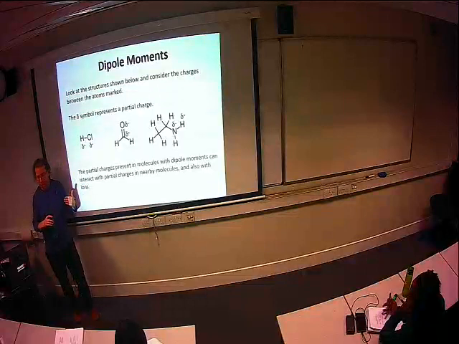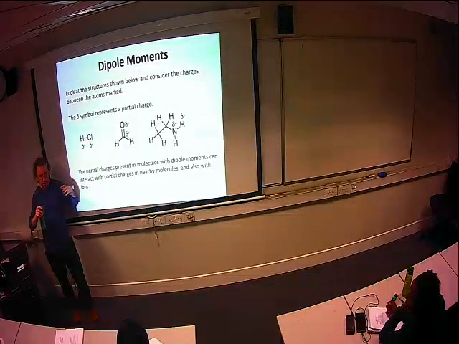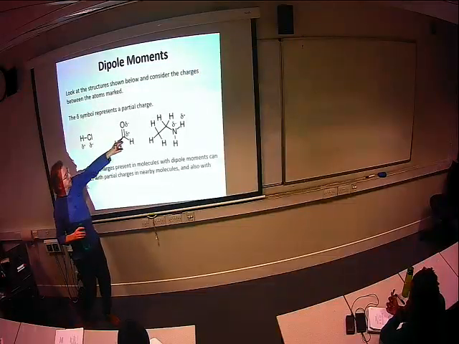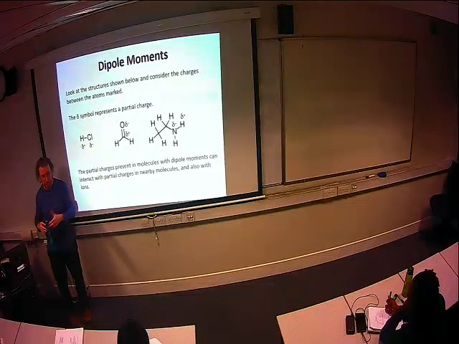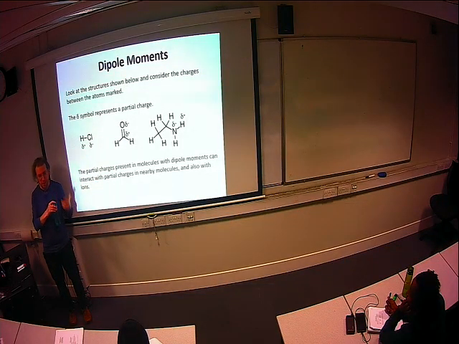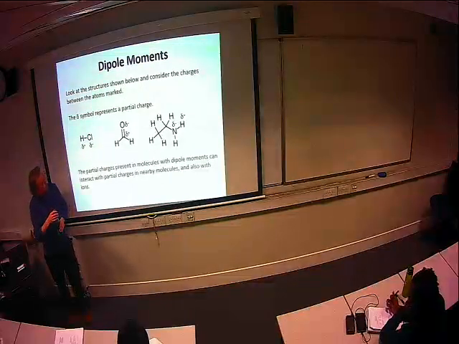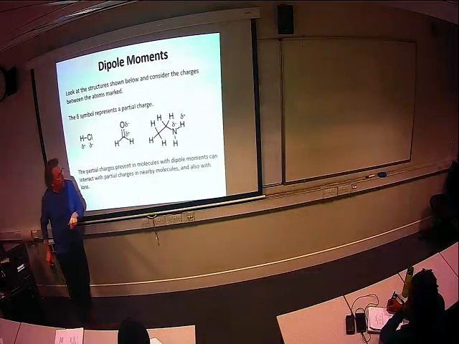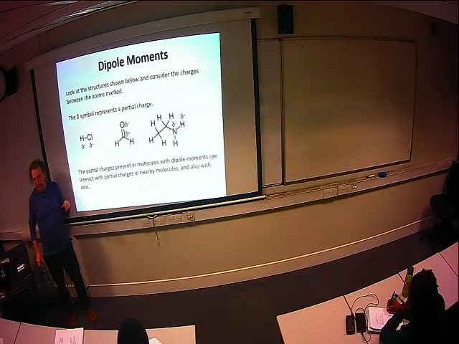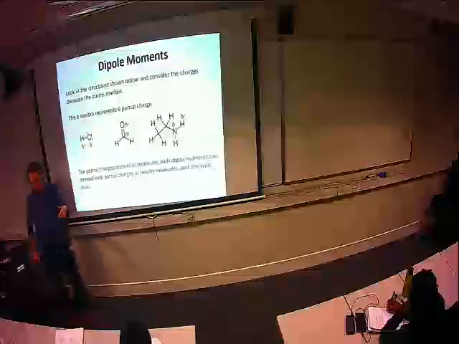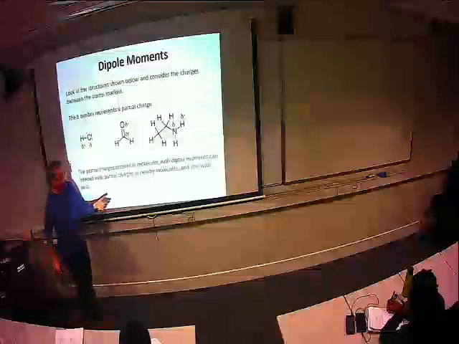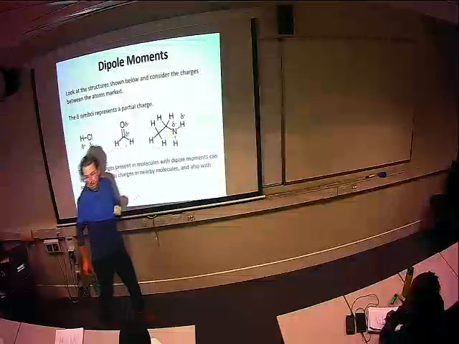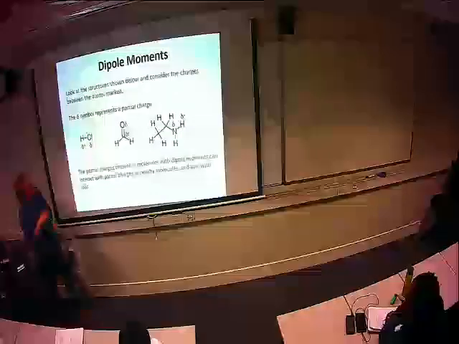The oxygen ends up with a greater amount of electron density around it, so it has the partial negative charge, and the carbon has had electrons pulled away from it, so it has the partial positive charge. The final example is an amine, ethylamine, where we've got NH bonds. Nitrogen is more electronegative than hydrogen, so it has the partial negative charge, and the hydrogen has the partial positive charge.